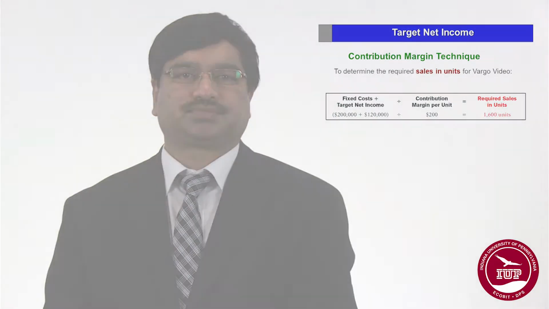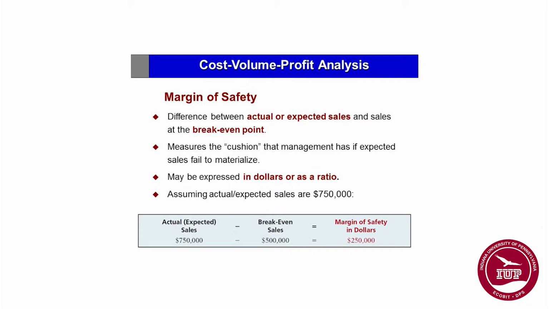Another important concept which relates to the break-even point is margin of safety. That basically means how much over the break-even point the sales are expected to be. So if you take the break-even sales from the actual expected sales, you get the margin of safety in dollars.